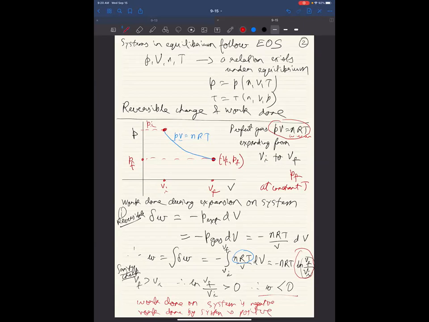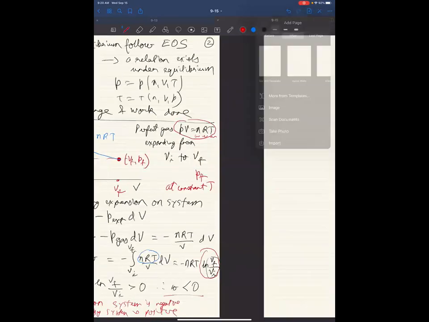I'm going to draw this plot again on the next page, and also write down the equation. So we had pressure and volume. And we went to some PF from some PI. This was volume VI. This was volume VF.